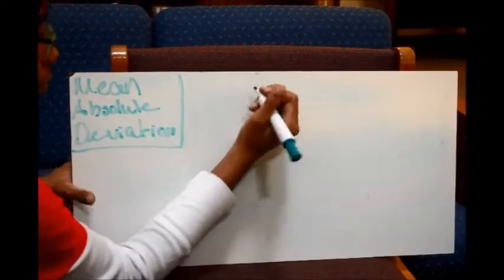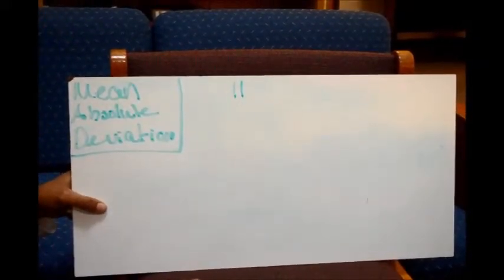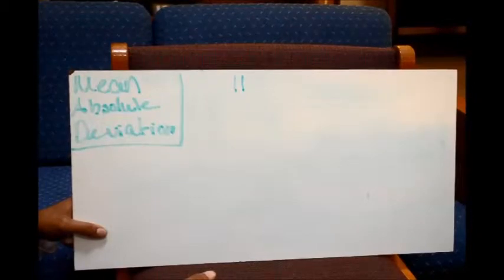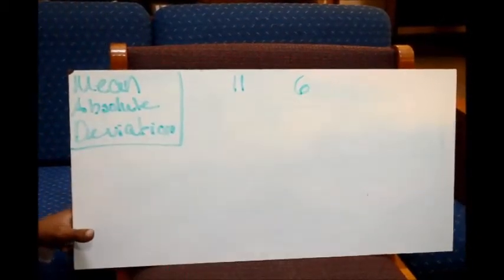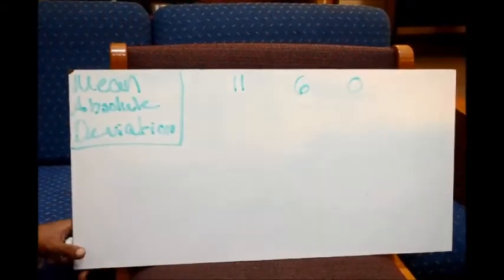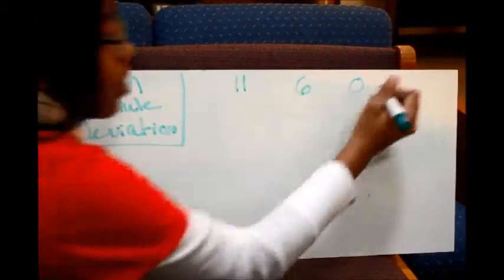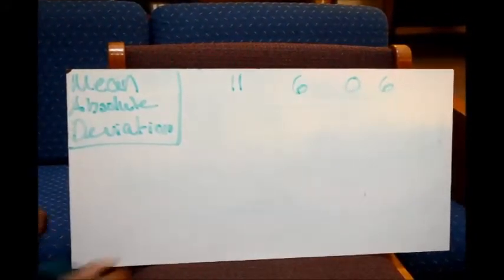So the absolute value of 39 minus 50 is 11. The absolute value of 44 minus 50 is 6. The absolute value of 50 minus 50 is 0. The absolute value of 56 minus 50 is 6. And the absolute value of 61 minus 50 is 11.